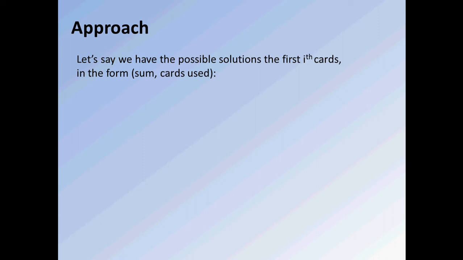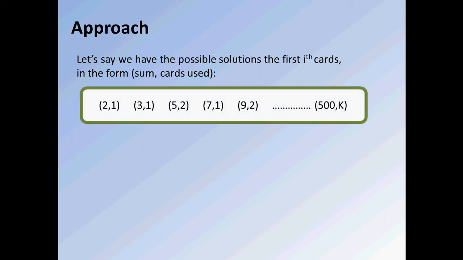Let's say for a certain number of cards, we have already found all possible combinations. Each combination can be defined by two numbers: first, the sum of the cards, and second, the number of cards being used. Let's say we have the next card, 8.